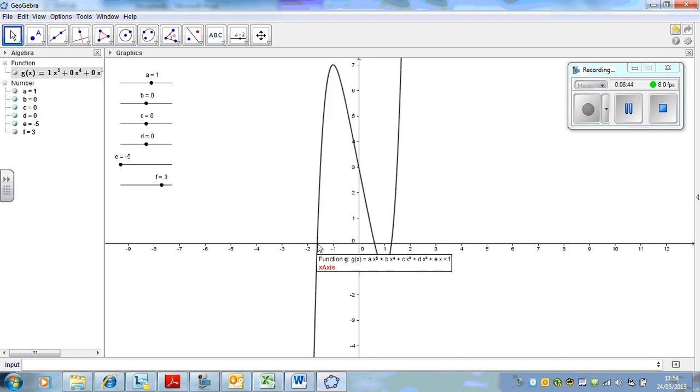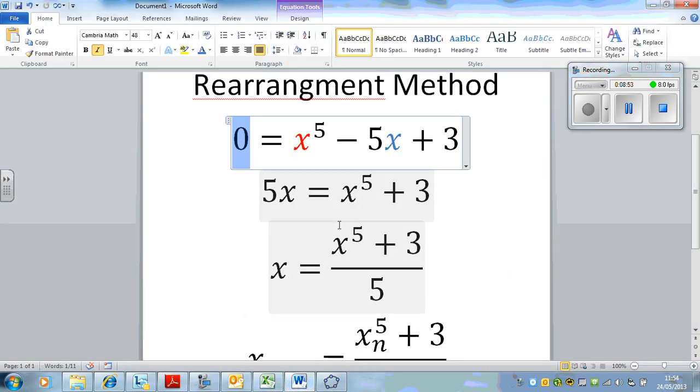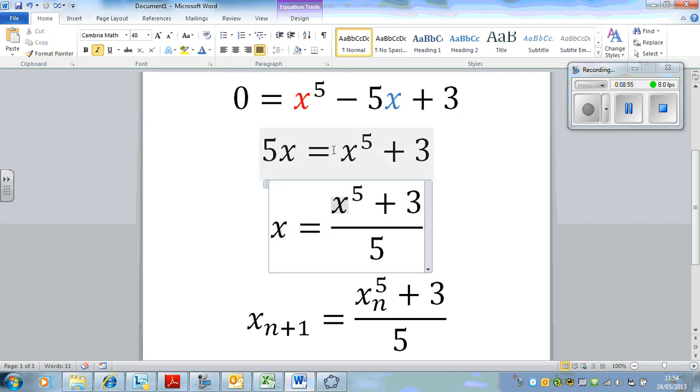The line y equals 0 is just the x-axis, so it's just where it crosses the x-axis. Equivalently, we've rearranged this equation, so it has the same roots. We could say it's where the graph of this and the graph of y equals x cross as well.